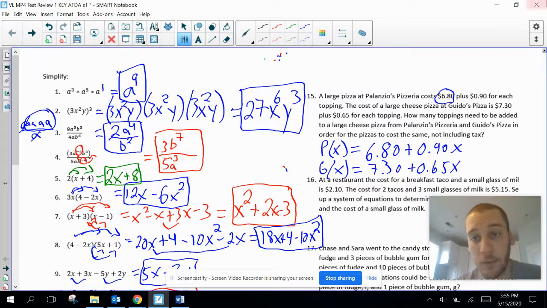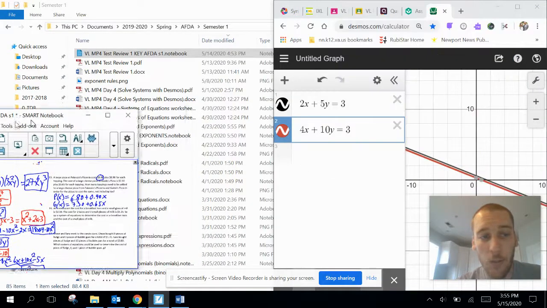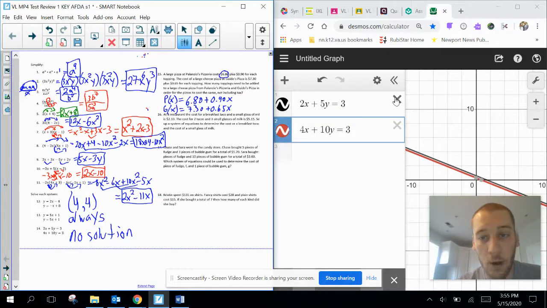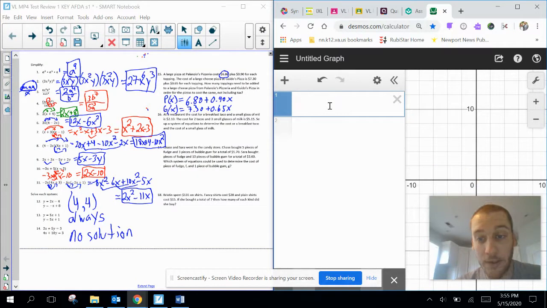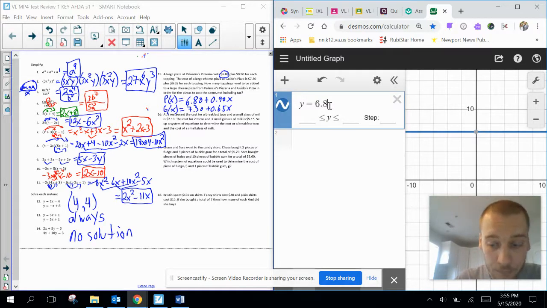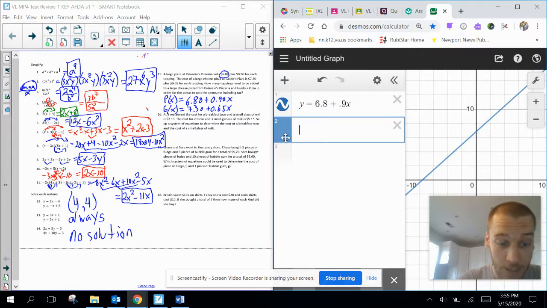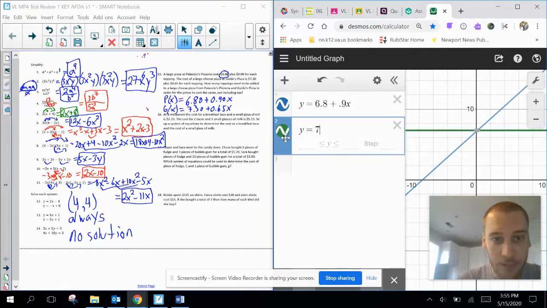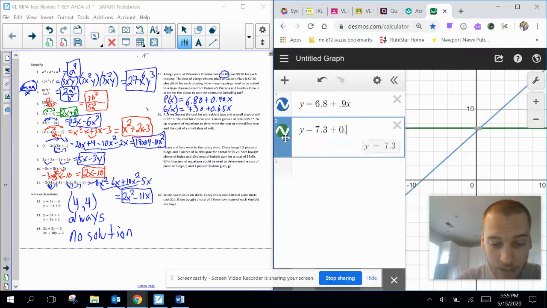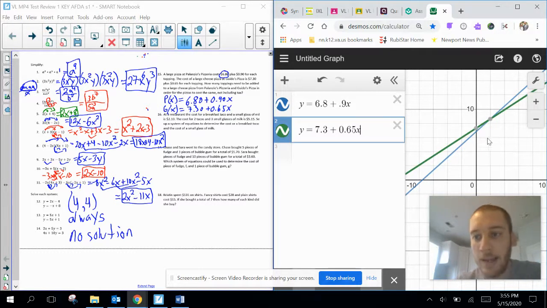And we're going to go back into Desmos. I've got two equations. I want to know where do they touch each other. That's going to be when they cost the same. And instead of P of X and G of X, I'm just going to use Y. So I want to know if Y equals 6.8 plus 90 cents a topping. That's my equation for Palazzo's. And for Guido's, same thing, Y equals 7.3 no matter what, plus 65 cents per topping, and multiply that by X. And I just want to know where do they touch.